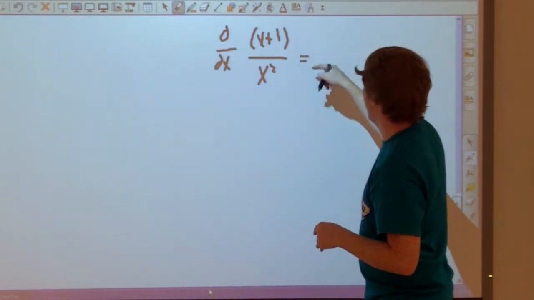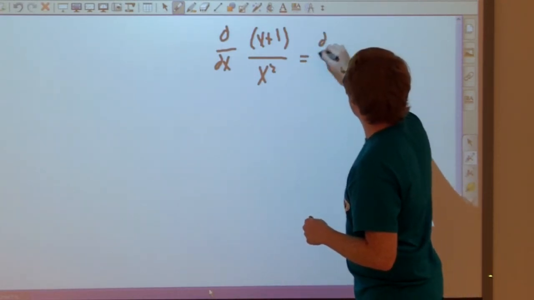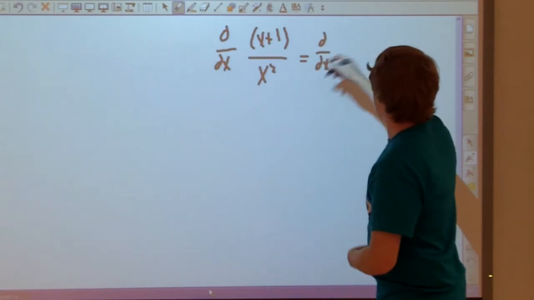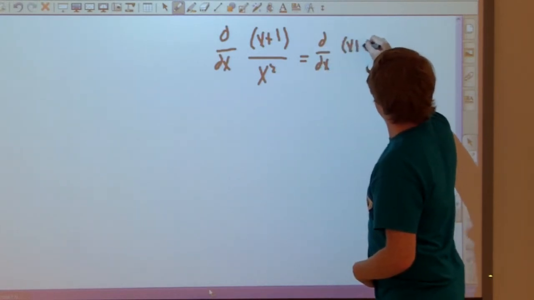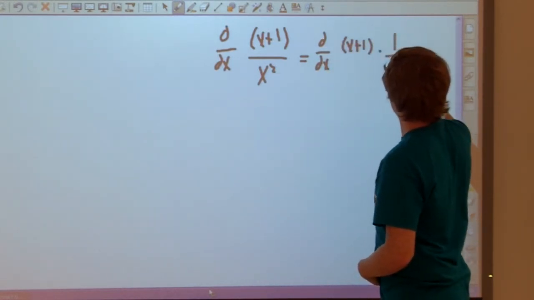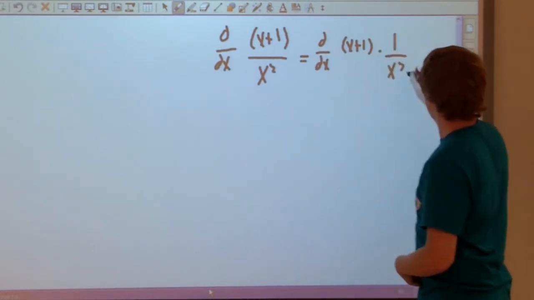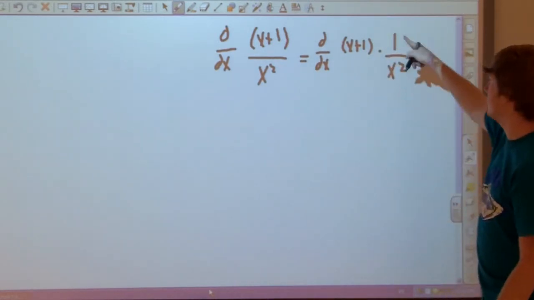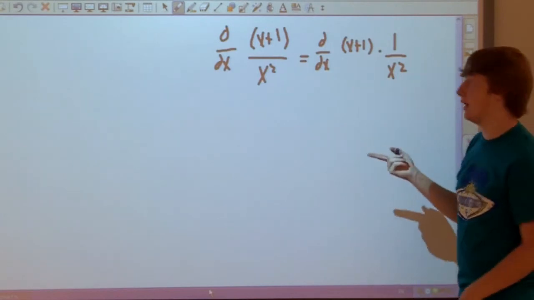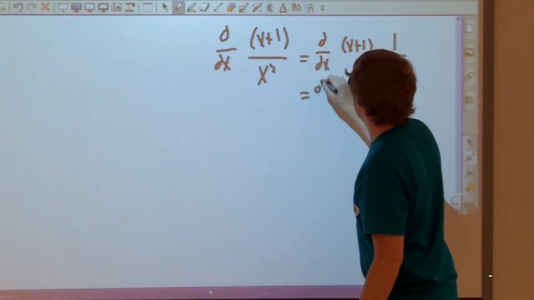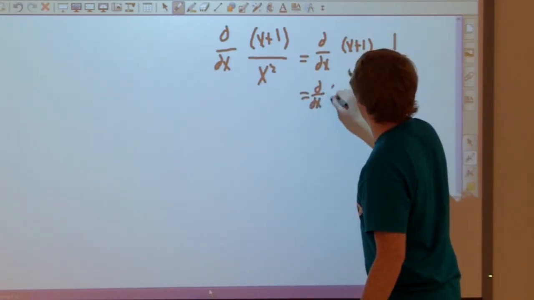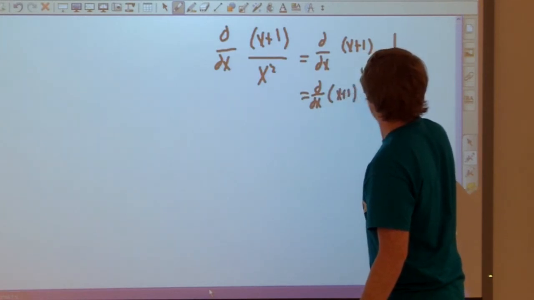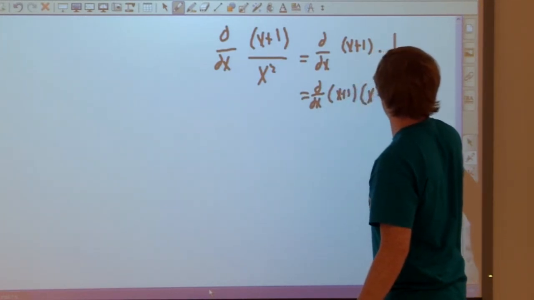That's just the product of x plus 1 times 1 over x squared. As we know, 1 over x squared is actually just x to the negative 2. So that's going to be d/dx of (x plus 1) times x to the negative 2.